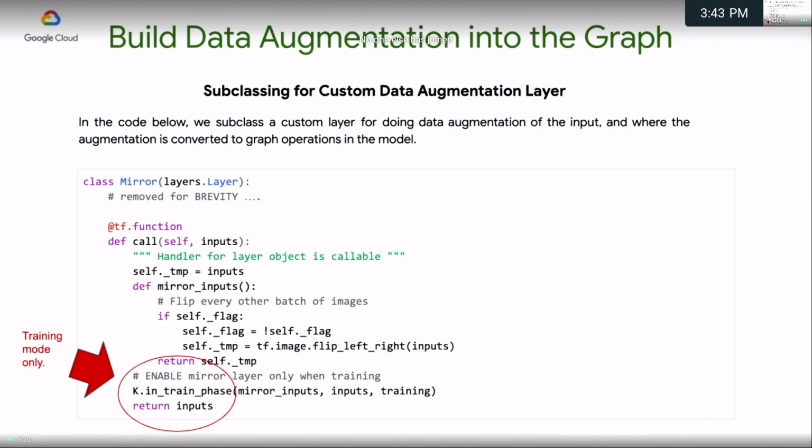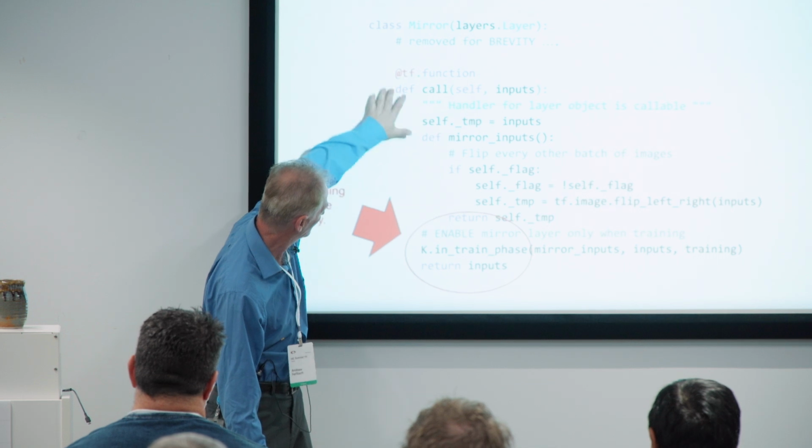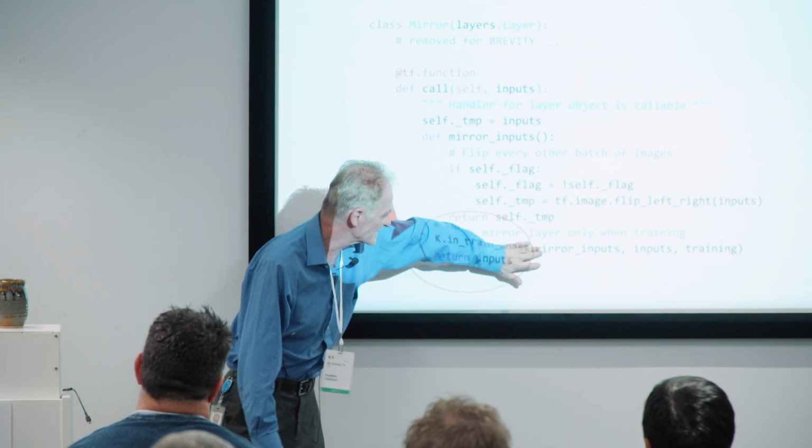The key thing is I only want this layer to happen during training, right? It's in my model. When I deploy it, I don't want it doing data augmentation. So there's a back-end function in here called in training phase, and that function only executes when you're in training. So I put all my code in this little embedded function and passed it here.